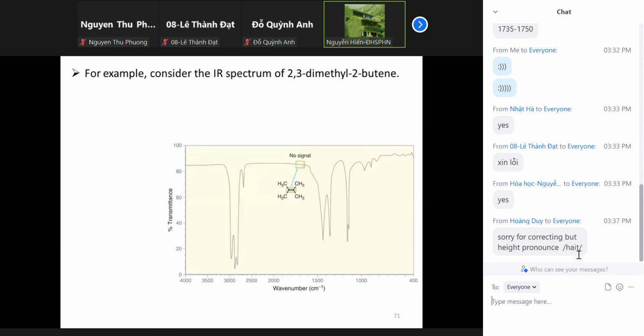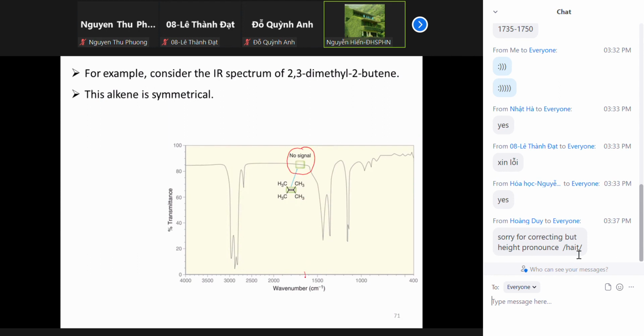So for example, this is the infrared spectrum of 2,3-dimethylbut-2-ene. The structure is completely symmetrical, and therefore the dipole moment of the CC double bond is nearly 0, and therefore you see nearly nothing at the region of 1,680 centimeters to the -1, nearly nothing.